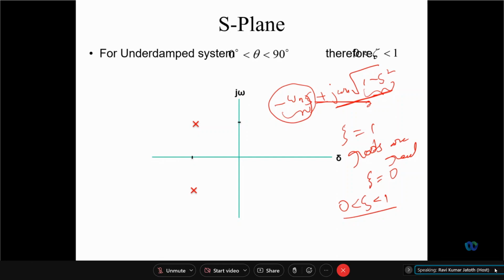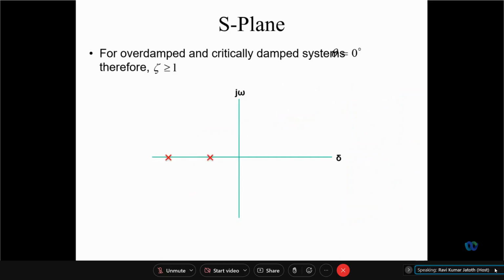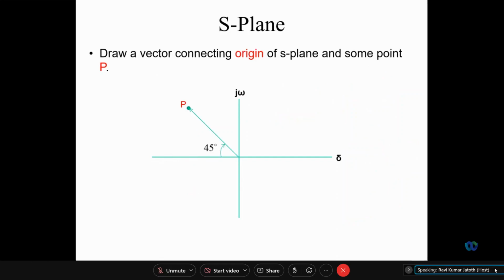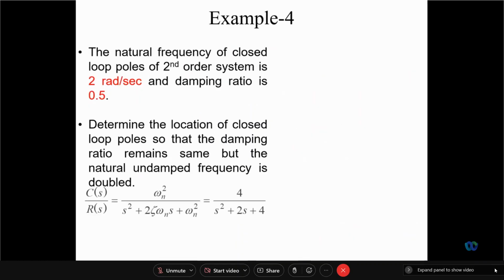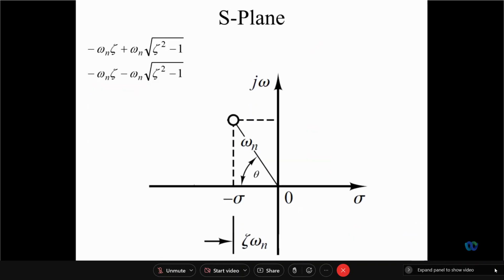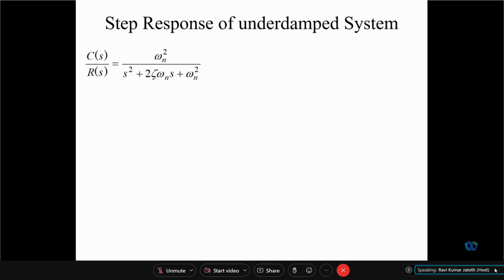Okay, and now we have to analyze this. So now if you try to see this zeta omega n, now we will look at the cases.